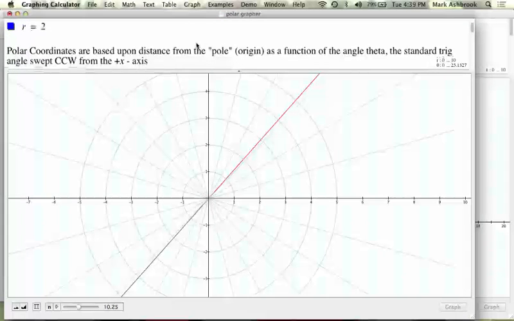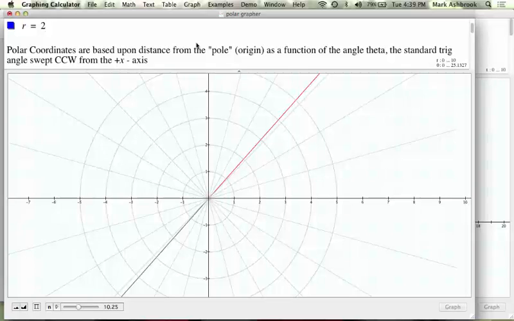Not sure why that's not showing up. Anyway, I don't know why it's not showing in my software, but r equals 2 is the circle with radius 2. It's the circle right here. Okay.